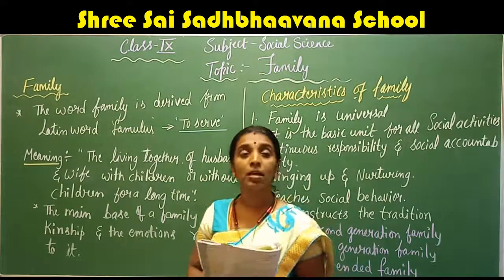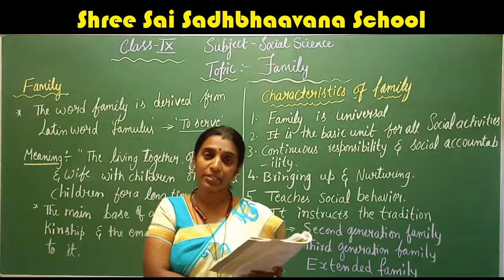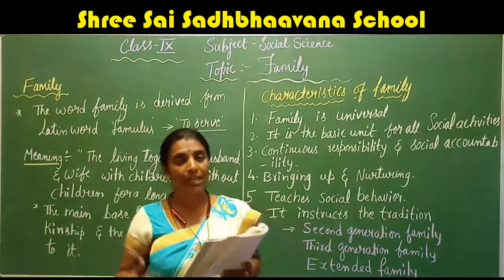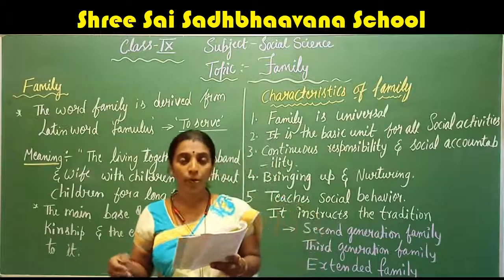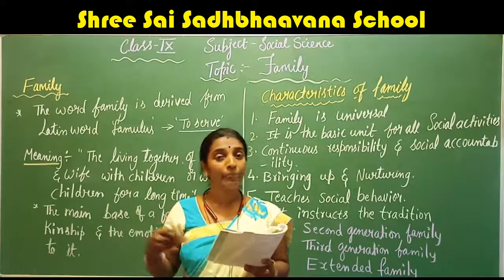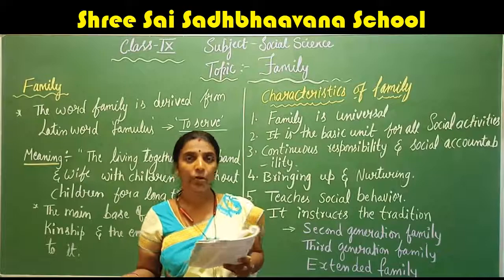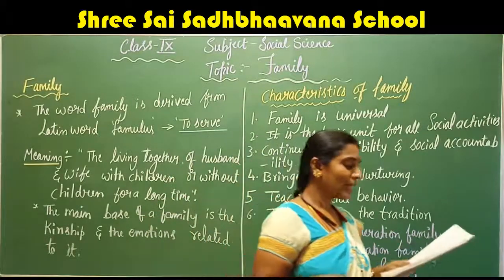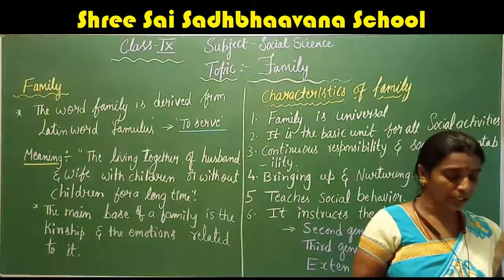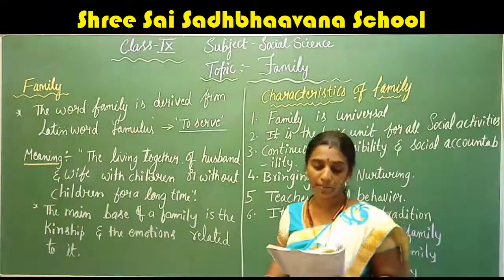So families not only bring up the child, they also teach the children how to behave in the society, and about social responsibility. And the family creates the basic rights and responsibility with regard to children, and it also protects them.